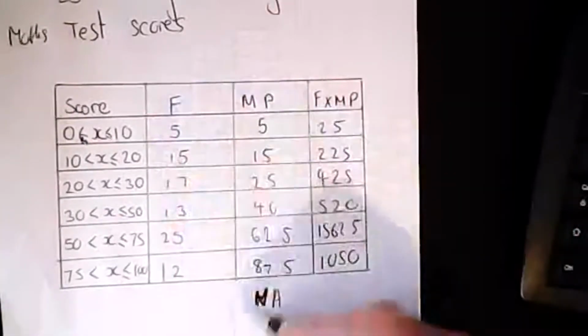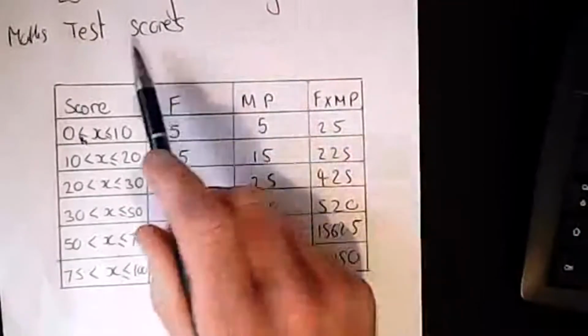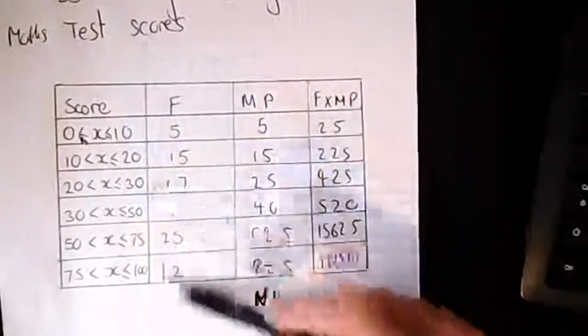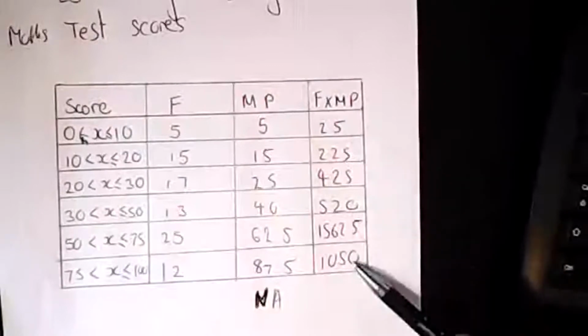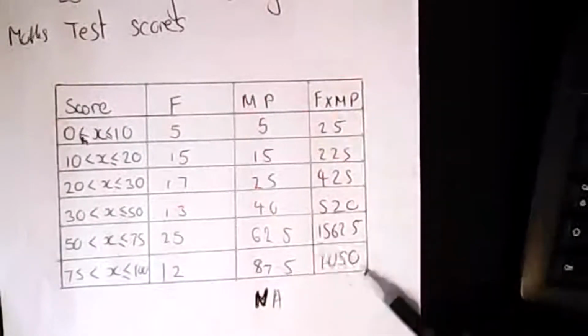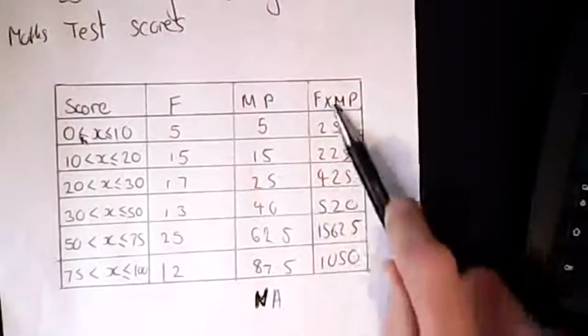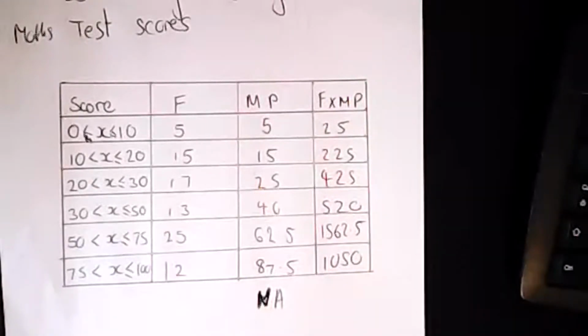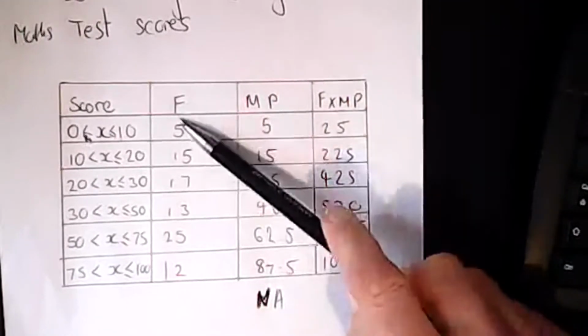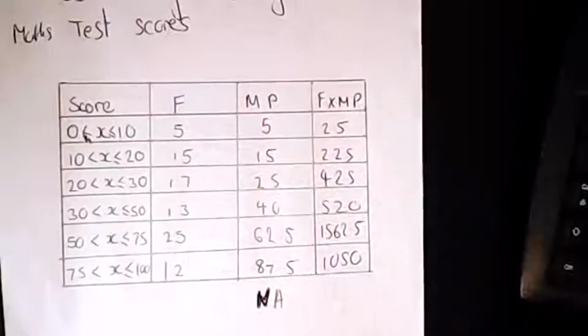I do need the number of numbers. Unless it's in the question at the start, you need to add that column up, and we do need what the total of all the scores are together, which is that column. So if you've got a calculator handy, you need to just add them up.